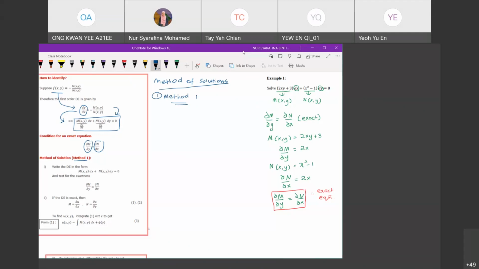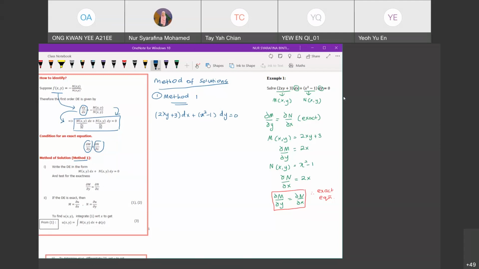We have already got the differential equation written in terms of M dx plus N dy equals 0. So we have here (2xy plus 3) dx plus (x squared minus 1) dy equals 0. And it is proven that this is exact. Okay, settle with those parts.